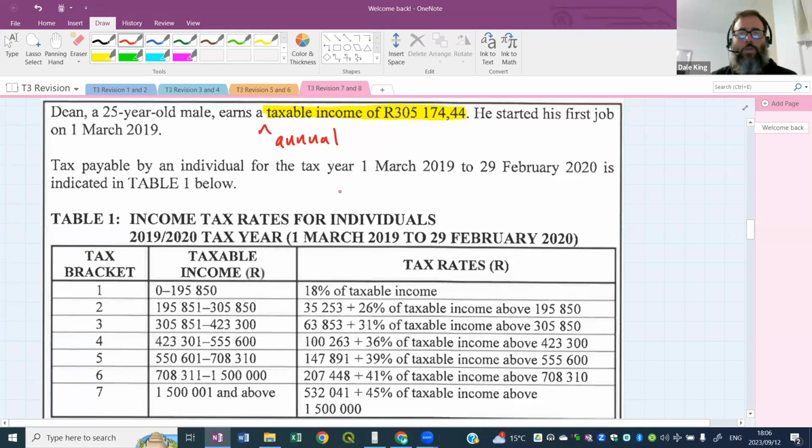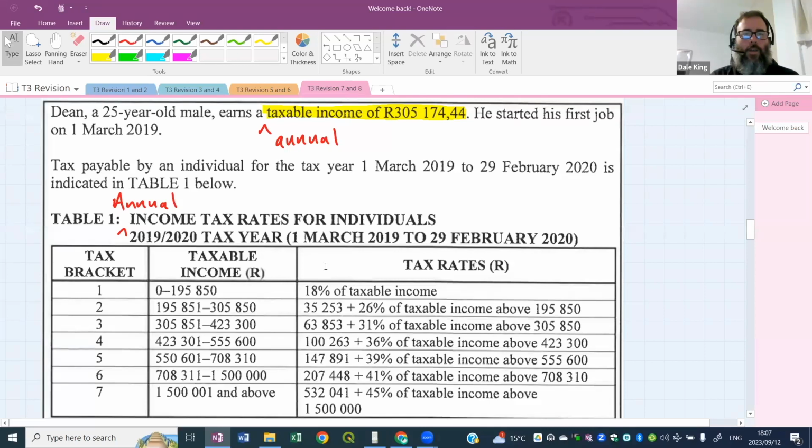That is also displayed on the SARS website, but it should be displayed somewhere here too. So we know this is an annual income tax table. So when we work with annual figures, we can use this, not monthly figures. We're going to have to change monthly figures if you want to use this tax table. All right, but we got an annual income of 305,000, and this is the table we are using.